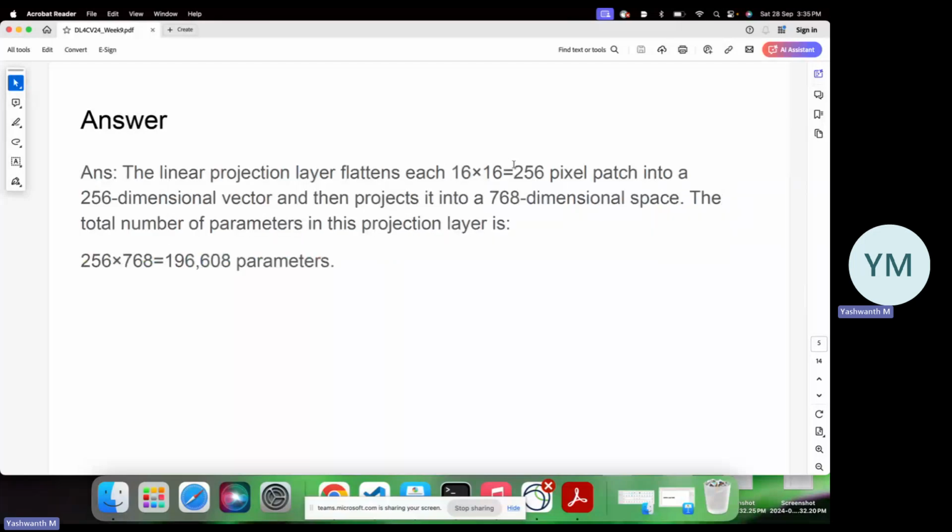So the linear projection layer flattens each 16 cross 16 pixel patch to a 256 dimensional vector and projects it into a 768 dimensional space. The total number of parameters in this projection layer is nothing but the multiplication of 256 times 768.